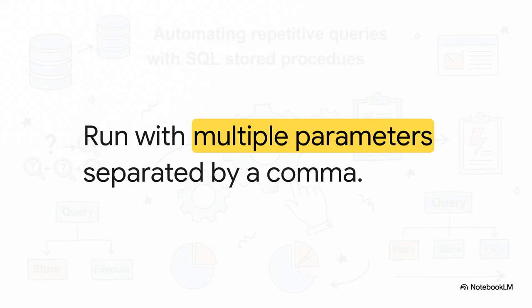To run our brand new multi-parameter code, we use exec all_records3, pass @city equals ABC, add a comma, and pass @emp_name equals Tom. And with that one single line of code, you instantly fetch the highly specific record for Tom in city ABC. No matter how complicated the logic is behind the scenes, even if it's an absolute beast of a query, triggering it is always this simple, this clean, and this fast.